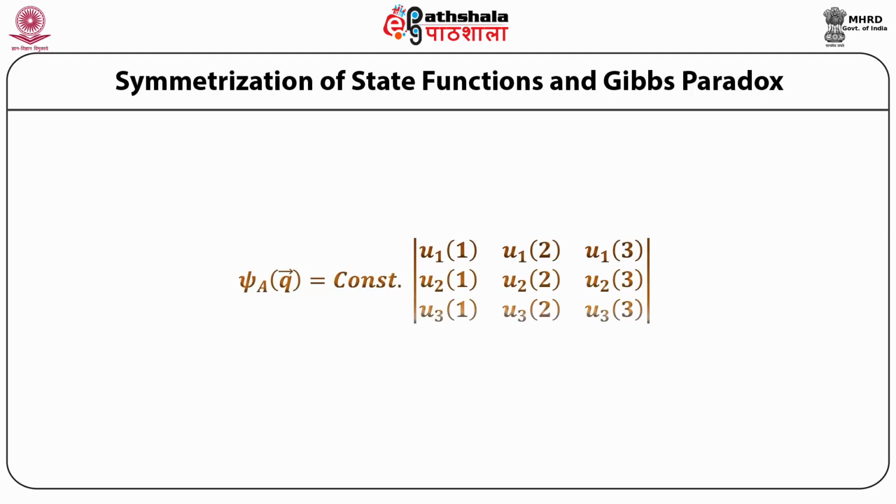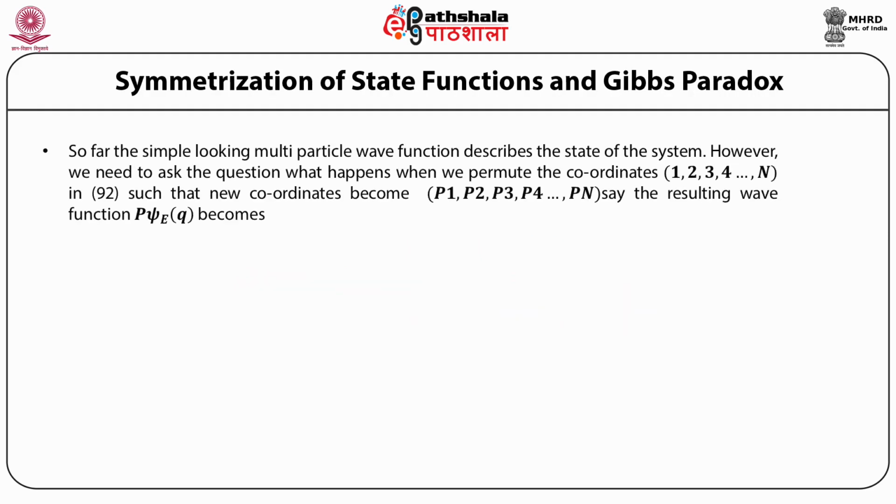Symmetrization of state functions and Gibbs paradox. So far, the simple-looking multiple particle wave function describes the state of the system. However, we need to ask the question, what happens when we permute the coordinates 1, 2, 3, 4, and so on up to n in equation 92, such that the new coordinates become p1, p2, p3, p4 and so on up to pn.